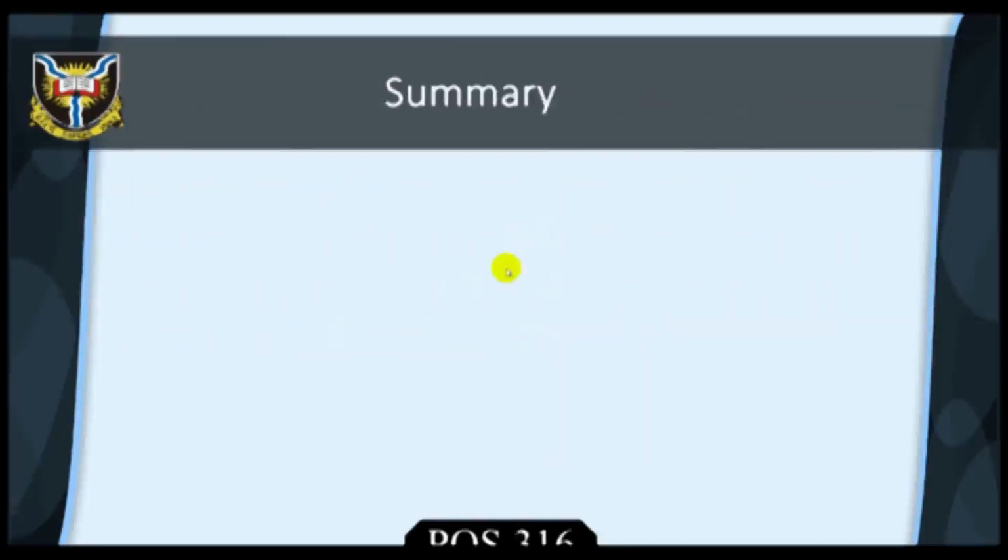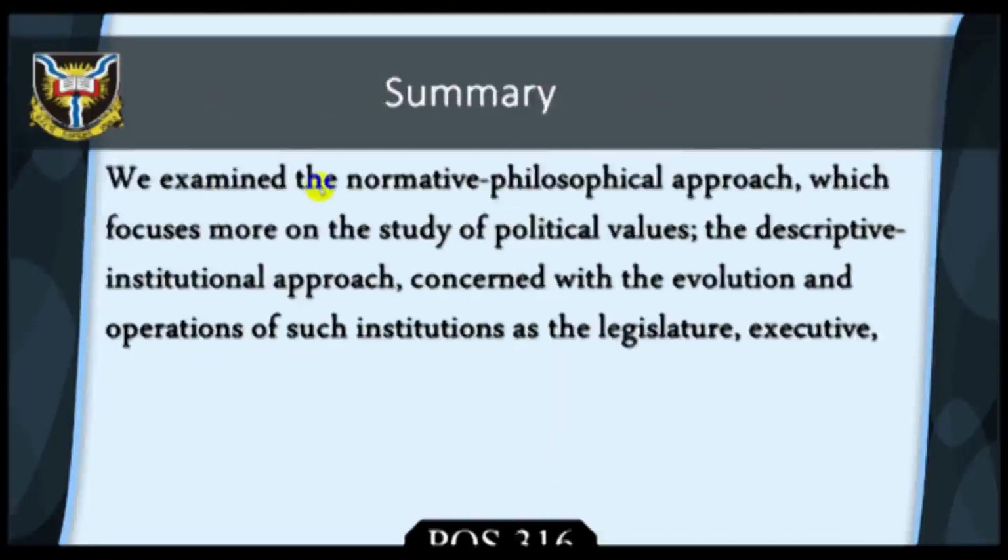Study session summary. The formal study of politics, that is political science, like most other areas of learning, can be easier when based on methods, methodologies, and approaches. In this session, we examined three important approaches.